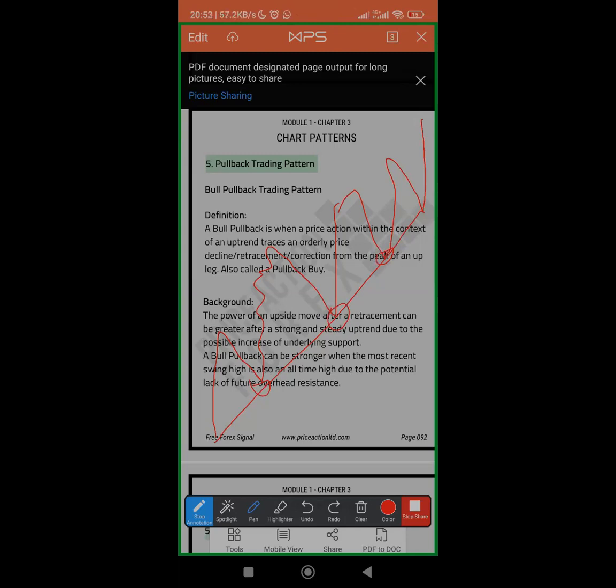At the time you are buying at this support, you should be looking at whether a pattern is forming, for example a rising wedge, because you can be blinded by the pullback pattern and not see when the rising wedge is forming.